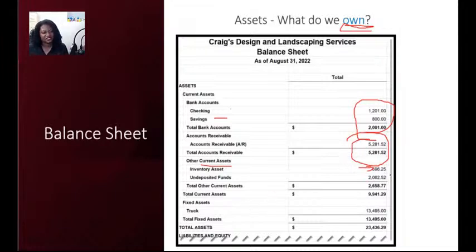And then we have something that's called undeposited funds. That's money that you've collected, but you haven't quite deposited in one of the bank accounts yet. So there's a little bit of a timing difference between when you collect that money and when it's deposited into one of those bank accounts. That's called undeposited funds. And then here under our fixed assets, an example here is the company truck.